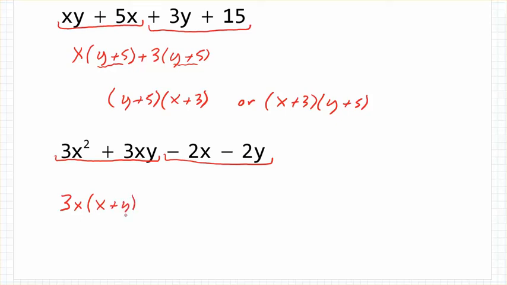Now since we're attempting to factor this, hopefully these last two terms we can factor out and get a y plus x plus y. So here we can factor out a minus 2, and that also will leave us x plus y. And now we have another greatest common factor. So this would leave us x plus y times 3x minus 2. And that would be in factored form.